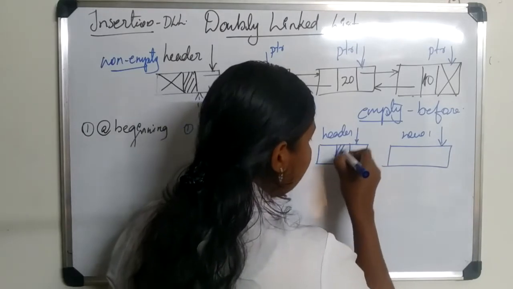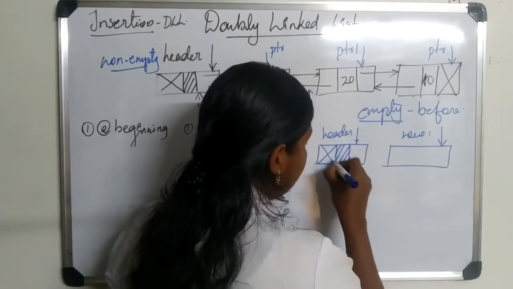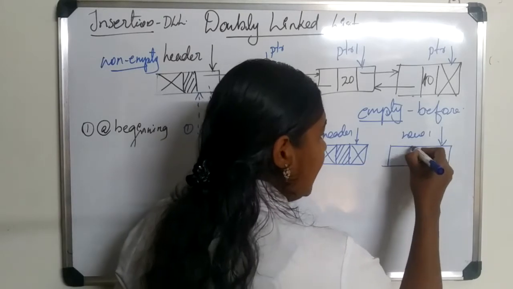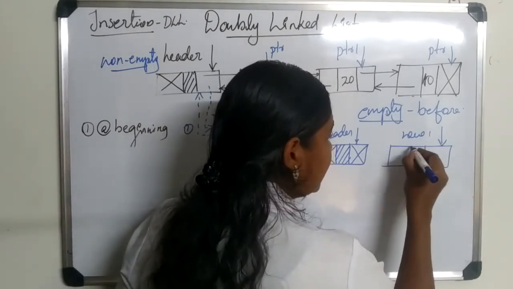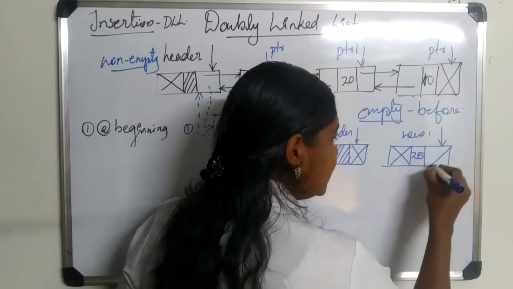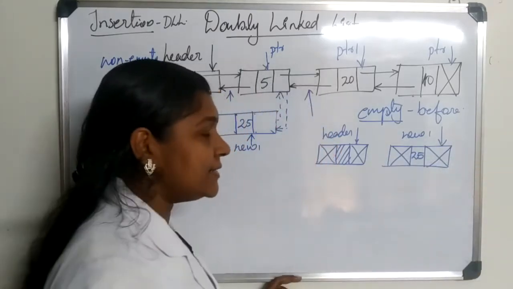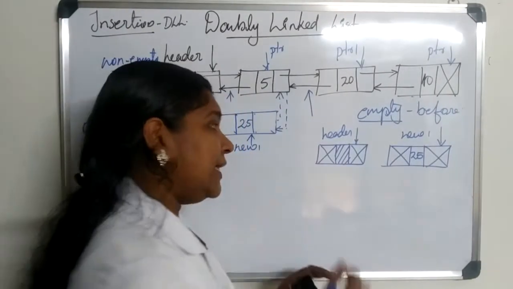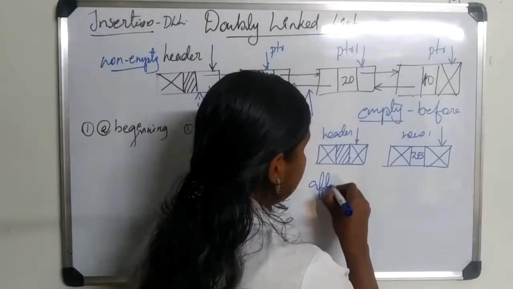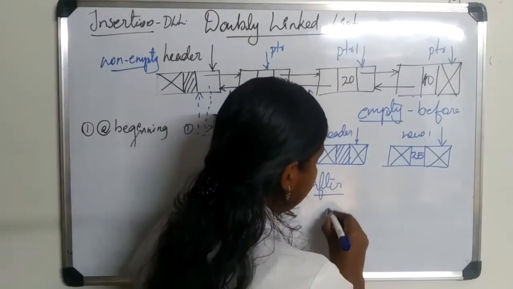The data part of the header node is null right now, and here this is our new node. Here also both the links, that is the previous link and the next link, we have initially set the values as null. Okay. Then after insertion, how would the list be?